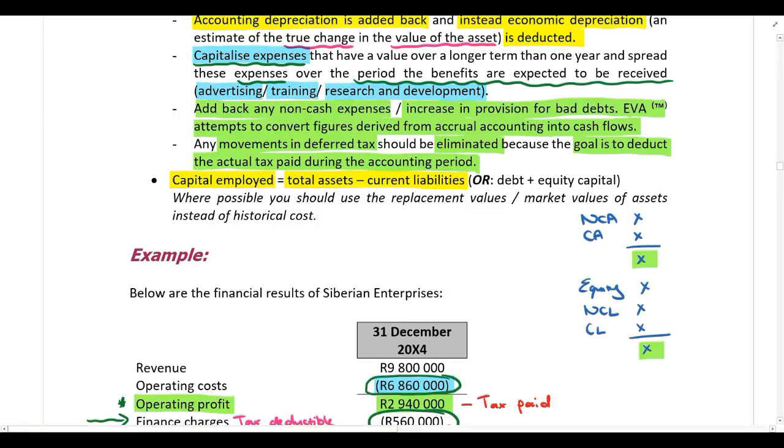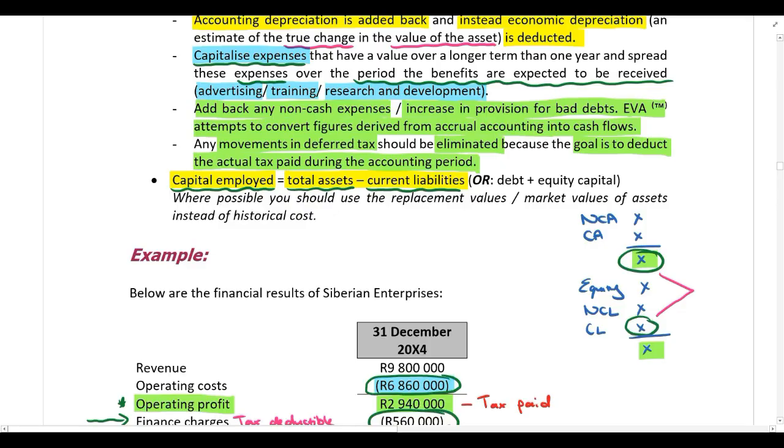So when we are calculating capital employed, we can perform this calculation in one of two ways. Either we can take our total assets and deduct our current liabilities. Please note the net effect is that is going to leave you with the value of your equity plus your non-current liabilities.